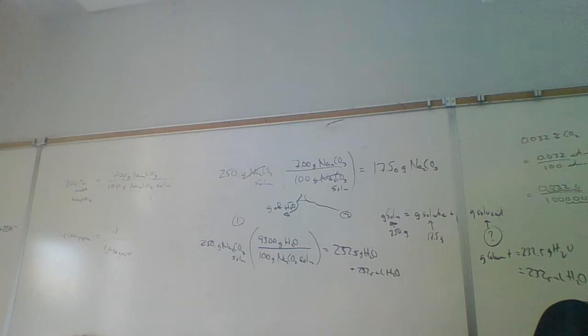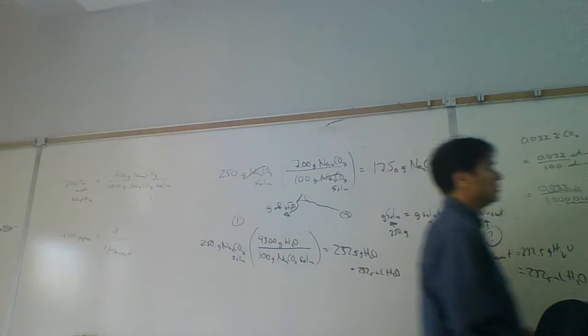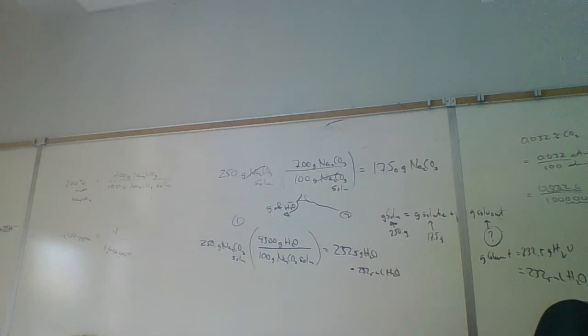Next they're using method 2. The grams of solution is equal to the grams of solute plus the grams of water, or solvent. Solving, the grams of solvent is equal to the grams of solution minus the grams of solute, which gives us 232.5, which rounds to 233 grams of solvent.